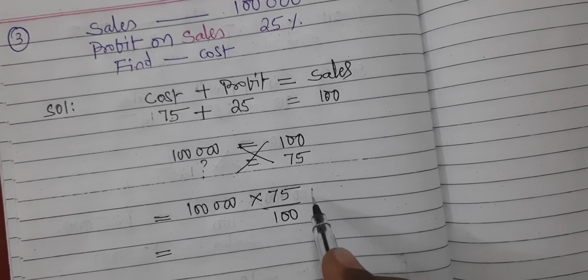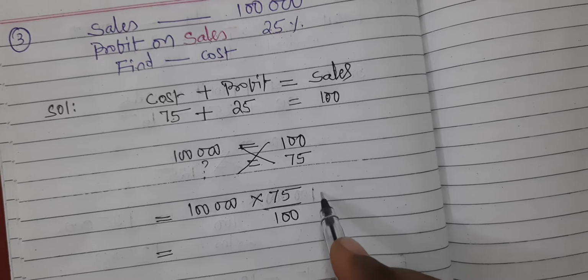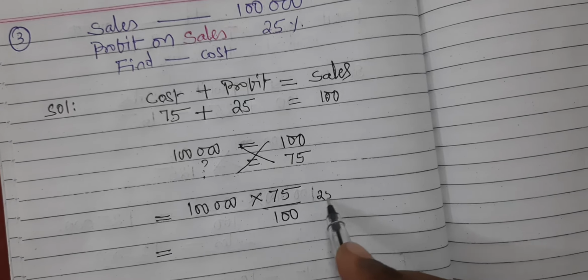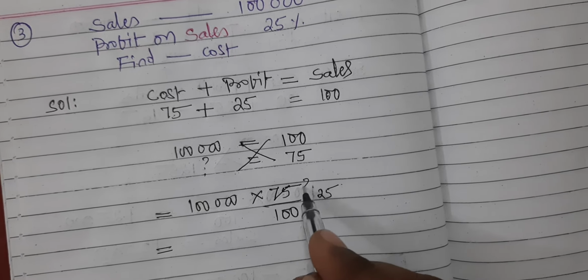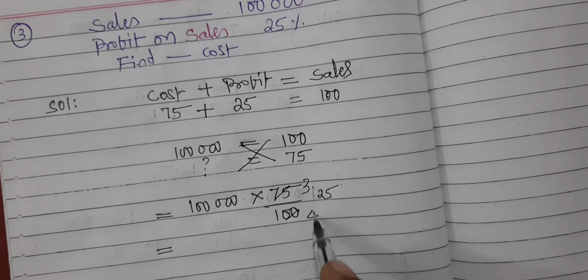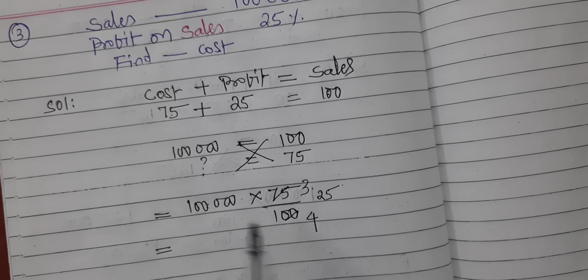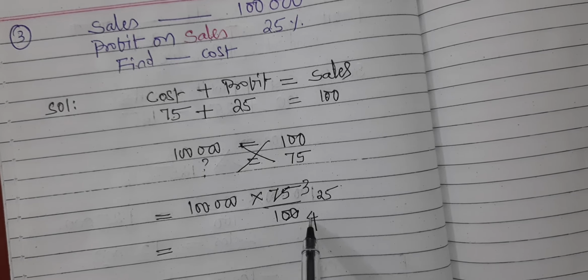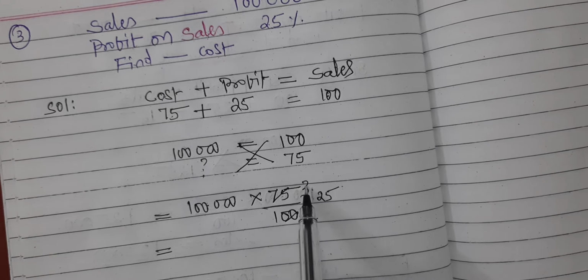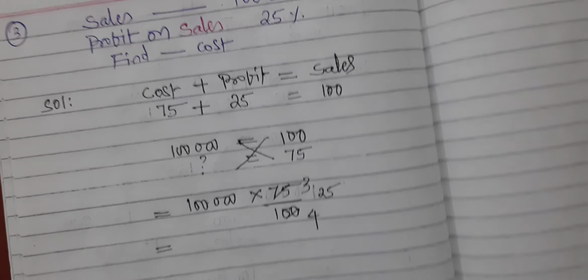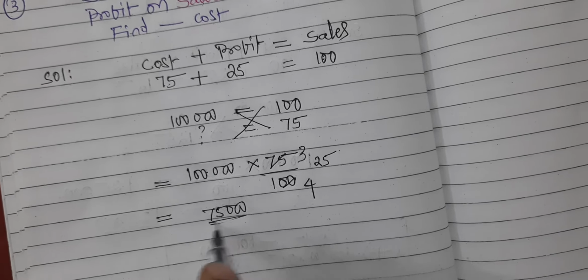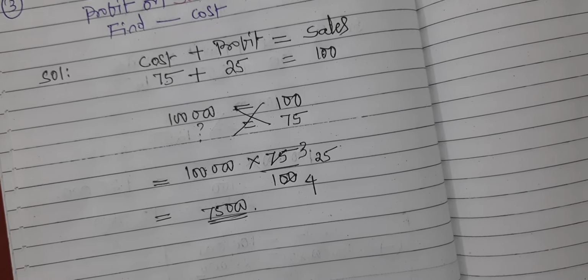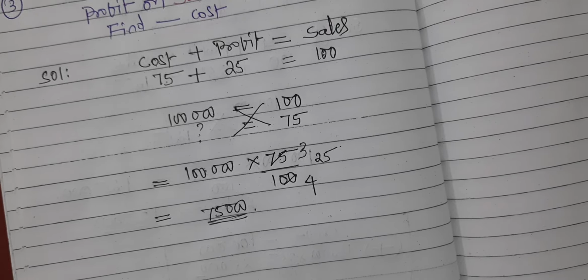Okay. 25 ones are 25, 25 fours are 100. 1 lakh divided by 4 is 25,000. 25,000 into 3, so the answer is 75,000. 75,000 is the cost.